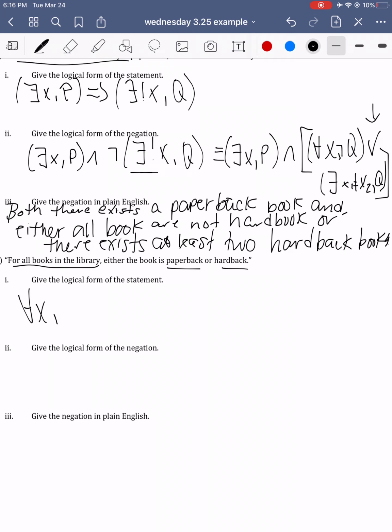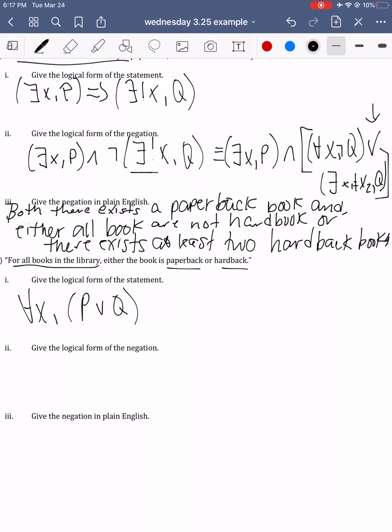Usually we would have for all x P or something like that, but here we don't have a defined P necessarily. The second half of this is going to be an or statement, so we have P or Q. So that's what this statement would look like.